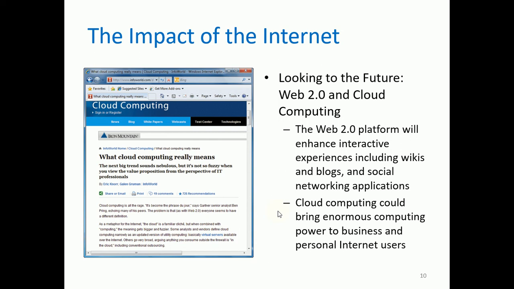And then cloud computing could bring enormous computing power to business and personal internet users, because by means of cloud computing, instead of installing software on your computer, you can already process documents and be more productive with just a device where you can work on your documents, for example, Google Docs.